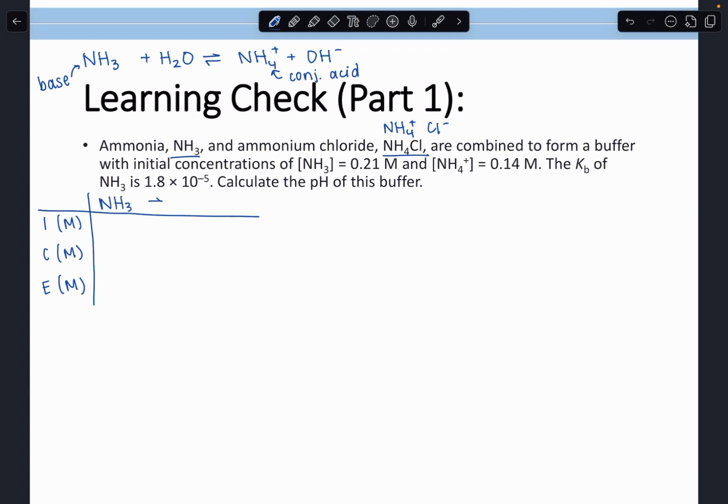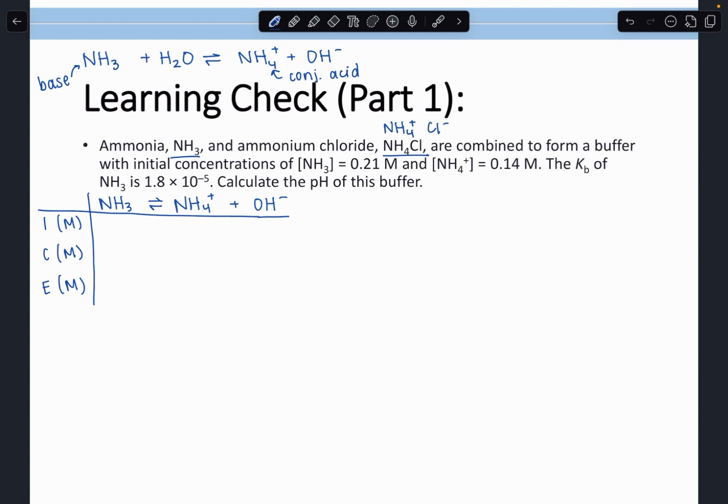Leaving water off since it's not part of the equilibrium constant, K. All right, set up the table.